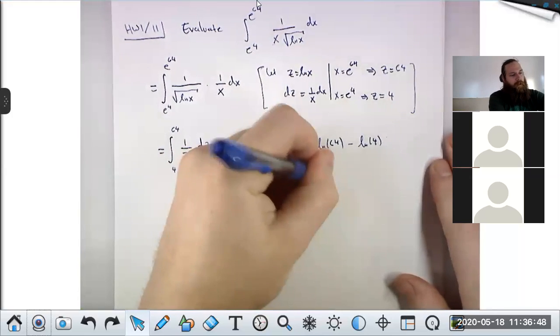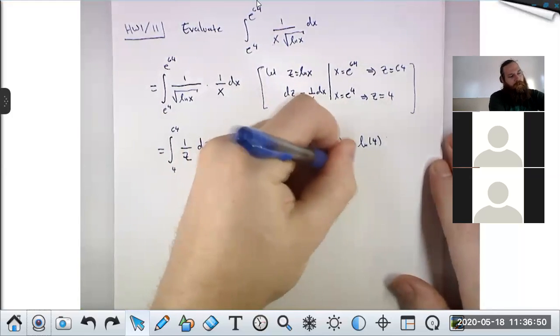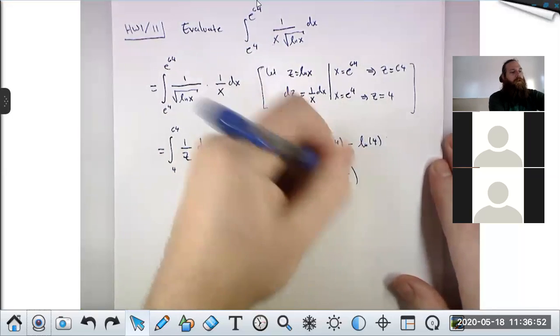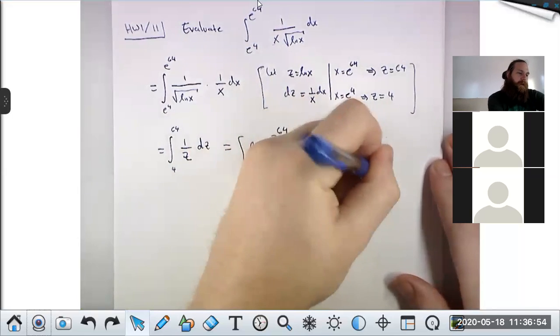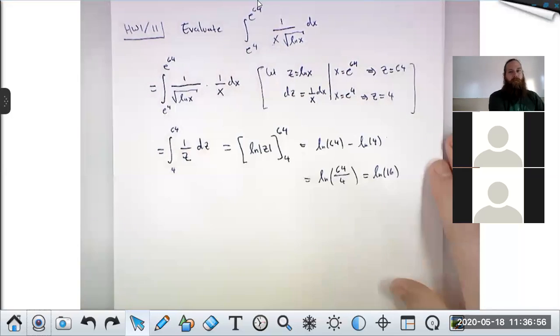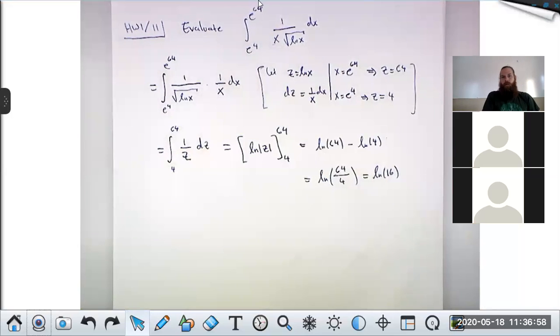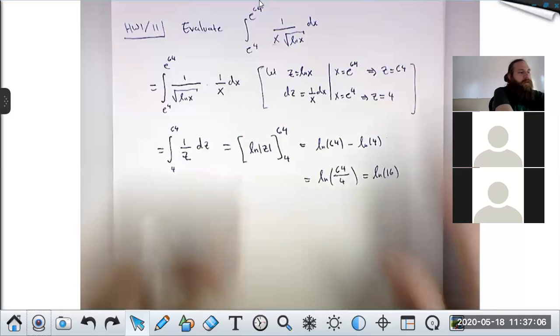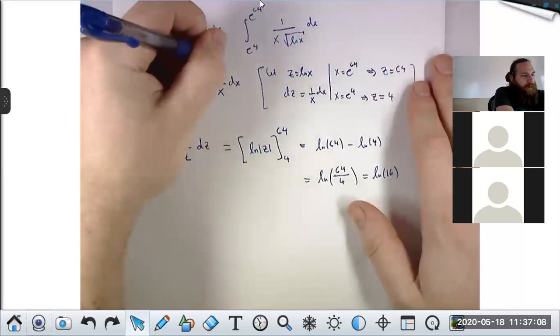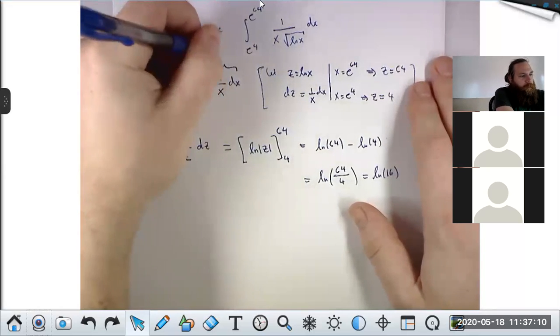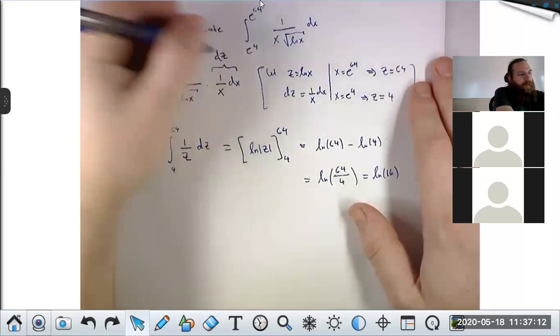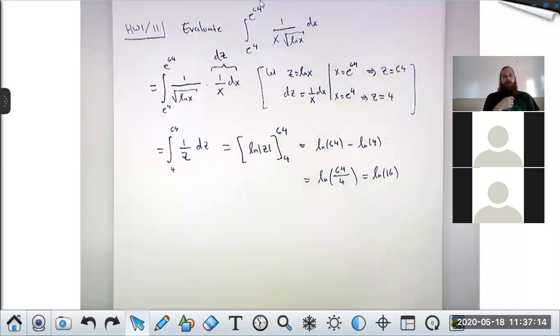This is the ln of 64 over 4, which is the ln of 16. So that is how that one shakes out. It's a relatively straightforward substitution problem, but you need that 1 over x dx in order to make it go. Without that 1 over x, this would never work, because I wouldn't have the piece I need to make my substitution go in, or at least it would be much harder.